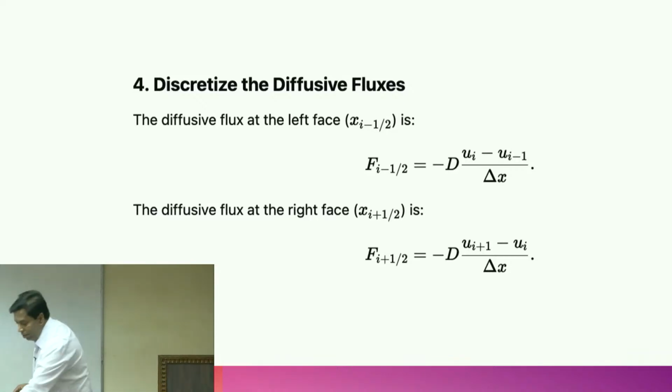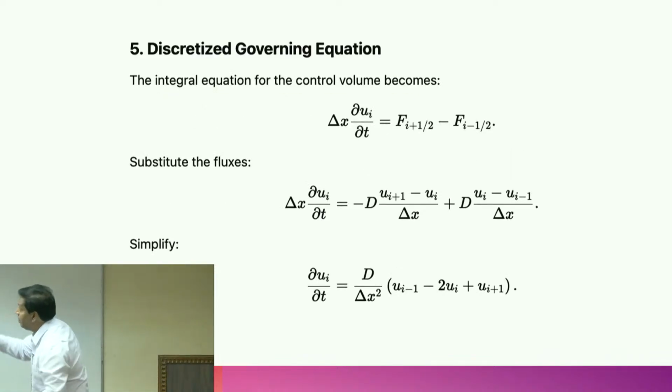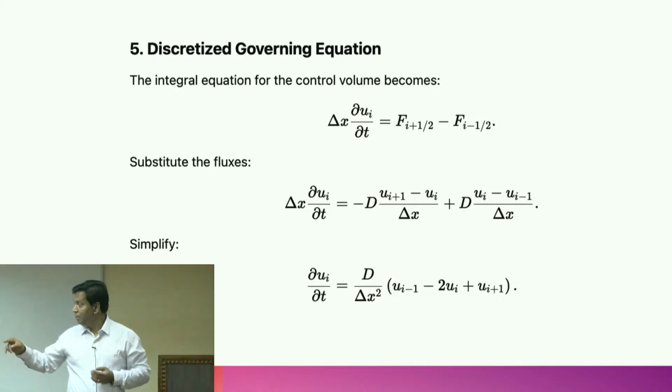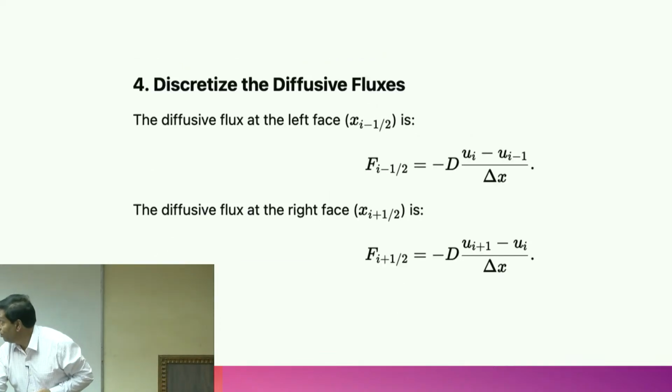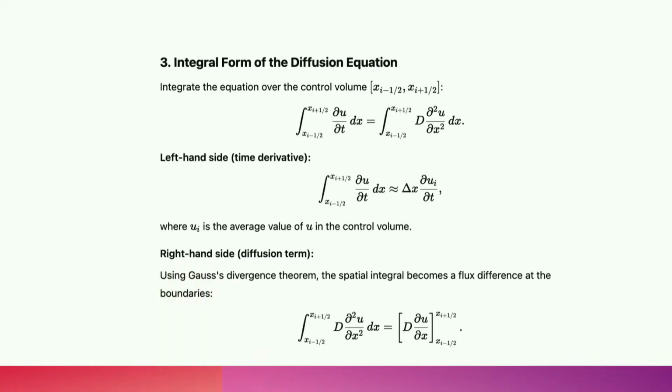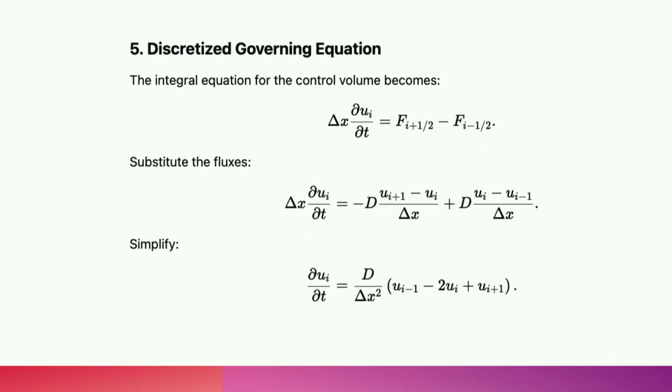Now if we put this together, del x del t of u_i is equal to the upper limit minus the lower limit, right? From the upper one x_{i+1/2} minus x_{i-1/2}. This is the way we put it there.